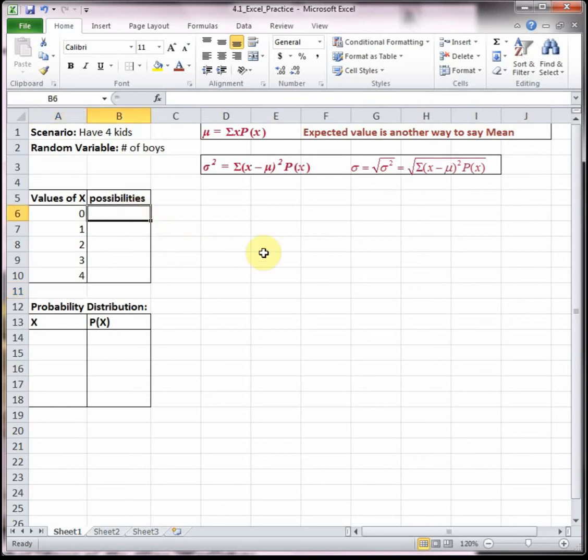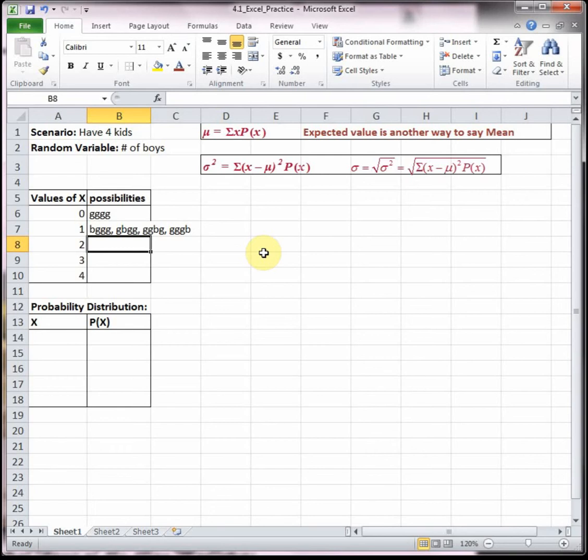If we have 0 boys, that means we have girl, girl, girl, and then another girl. We have all girls. If we have 1 boy, the boy could be born first, so we have boy, girl, girl, girl, or the boy could be born second, or third, or fourth.